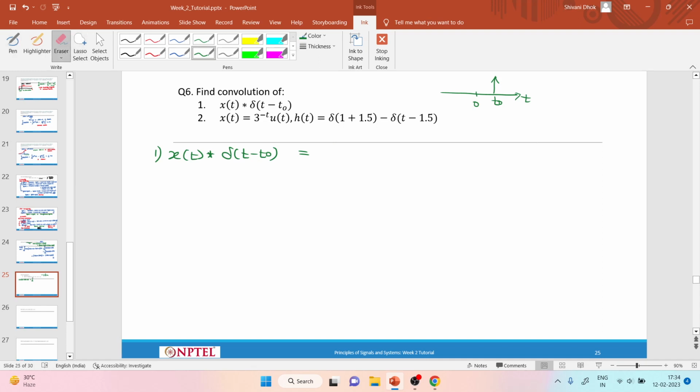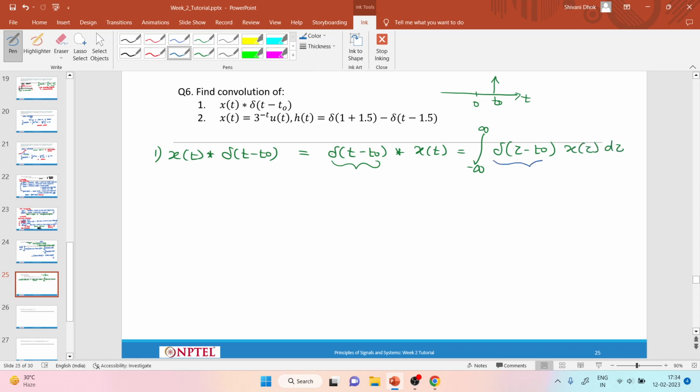For convenience, let us use the commutative property of convolution. So this is equal to delta of t minus t naught convolved with x of t, and this can be written as integral from minus infinity to infinity delta of tau minus t naught into x of tau d tau.